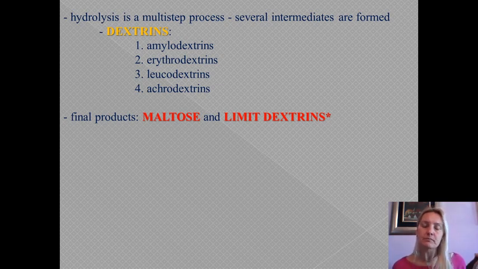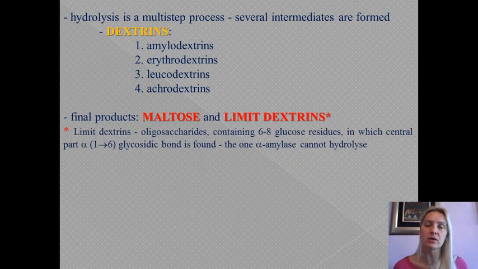So the part of the molecule containing the alpha 1,6 bond as a central part of the molecule, and a couple of glucoses, approximately 6 to 8 glucoses surrounding this alpha 1,6 bond, are actually forming limit dextrins.